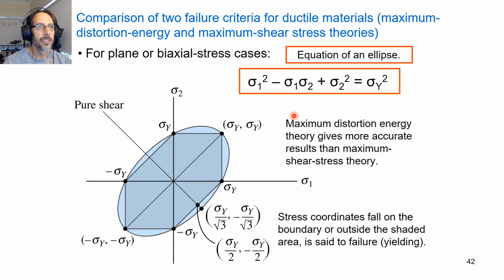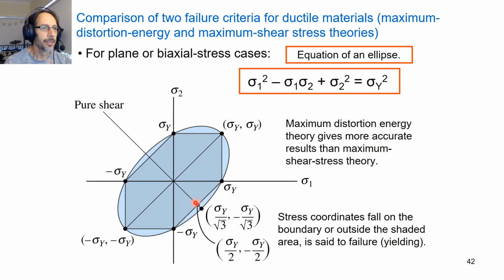Okay, so back to JC's notes. So again, this is just showing you in a bit more detail what I just explained on the previous slide. It's also indicated here the case of pure shear, where you just have a torsion. And at this point, when the maximum principal stress is equal to the yield stress on 2, you get yielding, okay, which goes back to the definition of the maximum shear criteria.